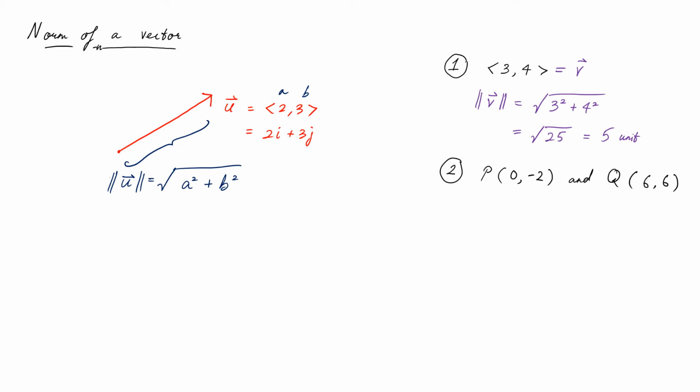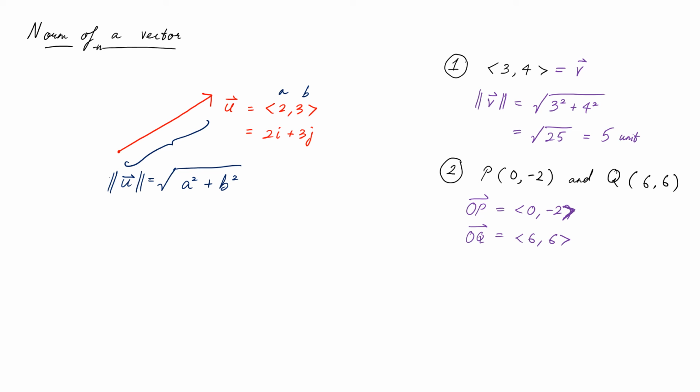Each of these coordinates is actually a position vector from the point of origin, O. This is for the point P, and for Q, it will look something like this, (6, 6), with an angle bracket at the end.